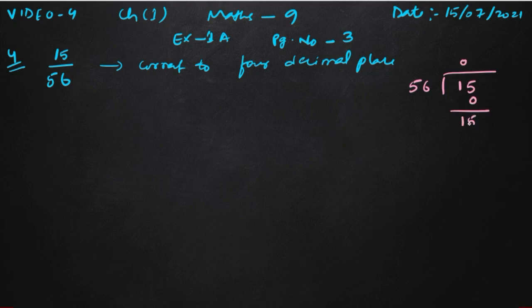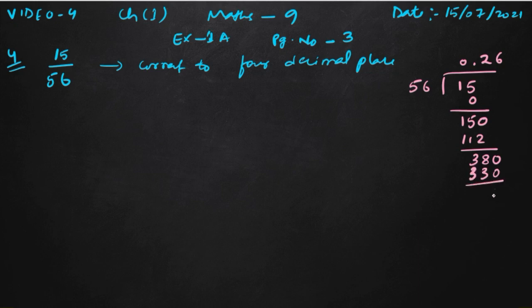If we put one decimal, we can write 150. 56 twos are 112. If we subtract, we get 38. For decimal again, we put a 0: 380. 56 sixes are 336, and we get 44.